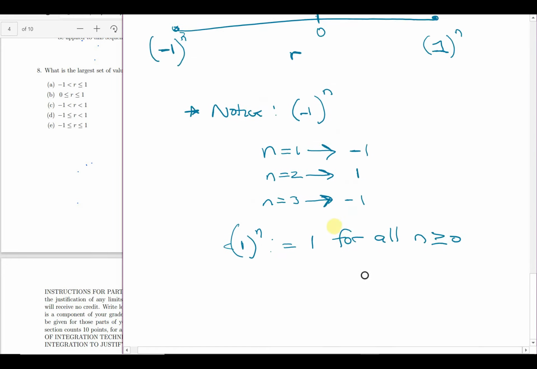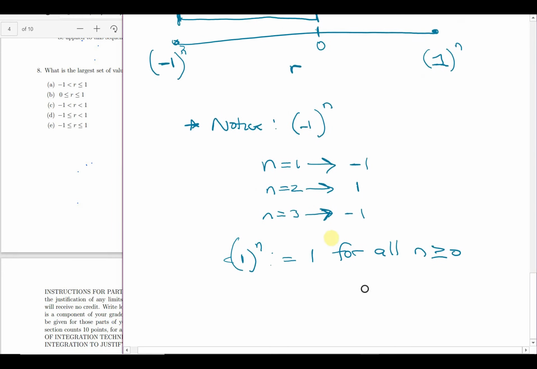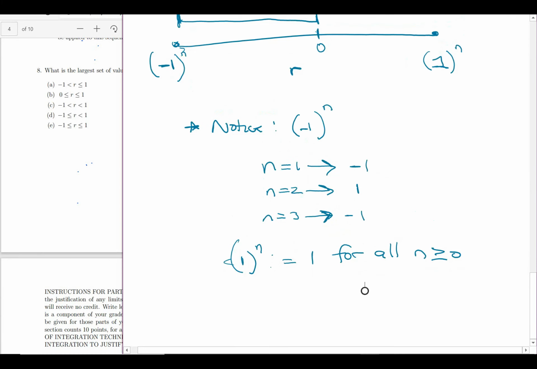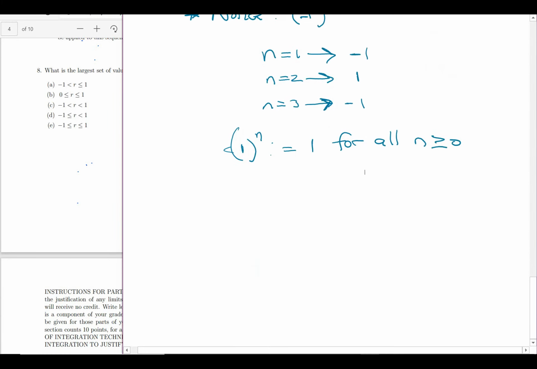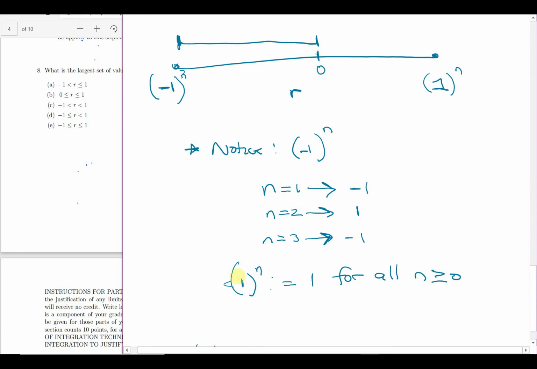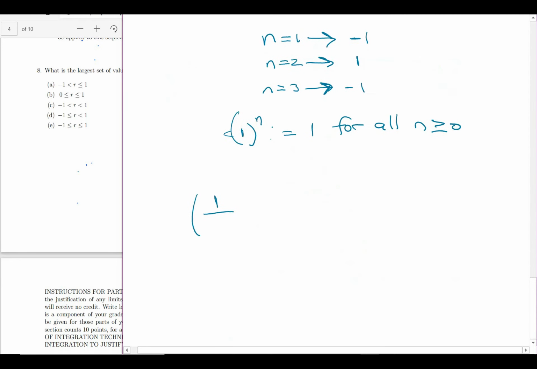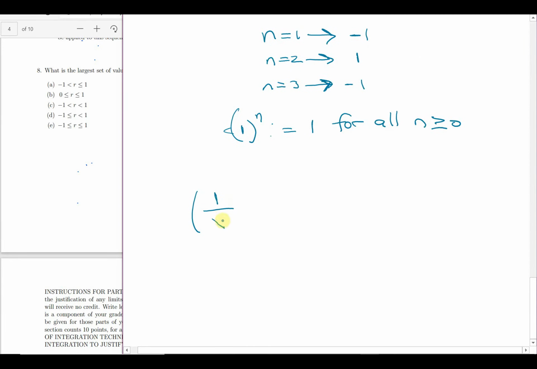If we take a fraction, any value between 0 and -1, and we're taking it to the n, let's just say 1 over x to the n, where x is greater than 1.